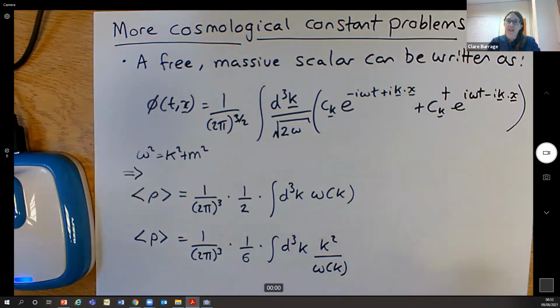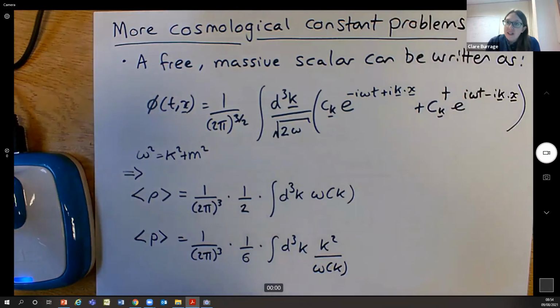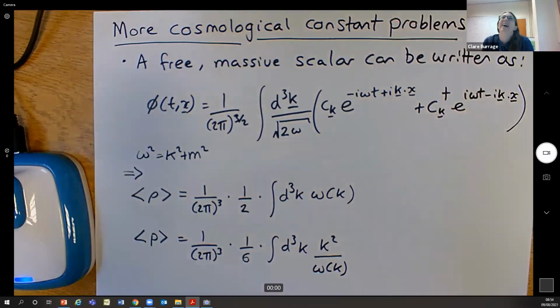So this is a calculation that you have potentially seen, because this is a very, very common way for the cosmological constant problem to be presented, which is to say, I am going to imagine that my universe is actually a set of simple harmonic oscillators, or rather simply oscillating scalar fields.